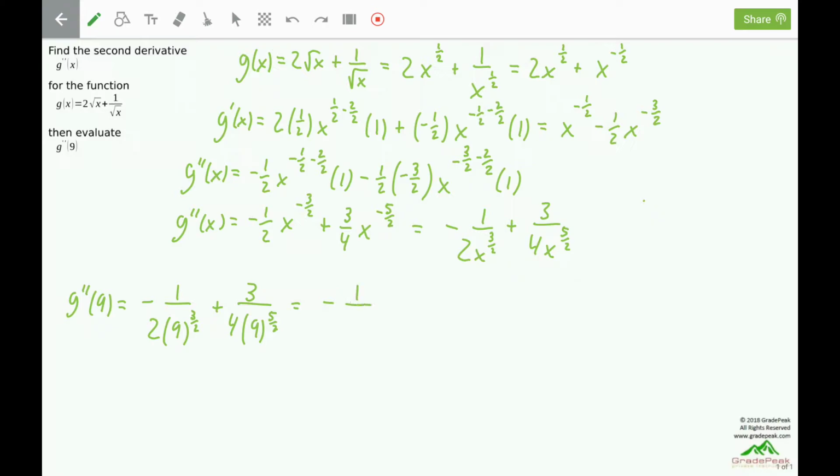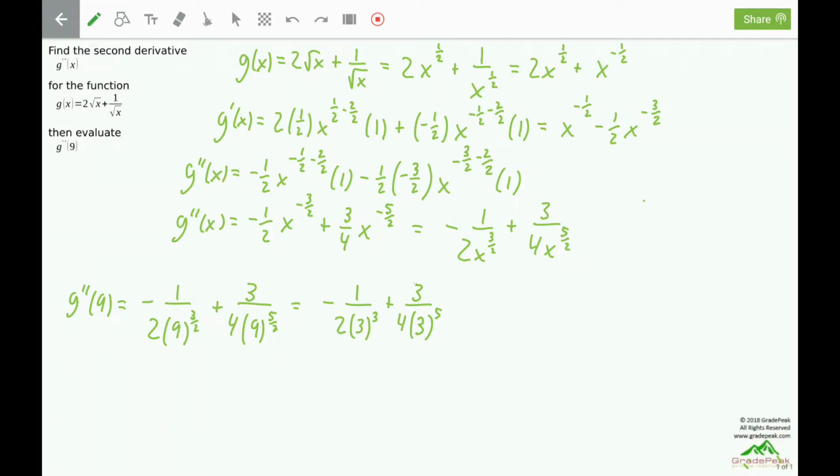So we have a negative 1 over 2 times 9 to the 3 halves. 3 halves means the square root of 9, which is a 3, and then cube the result. And then plus 3 over 4 times 9 to the 5 halves. 5 halves means square root of 9, 3, and then raised to the 5th power.